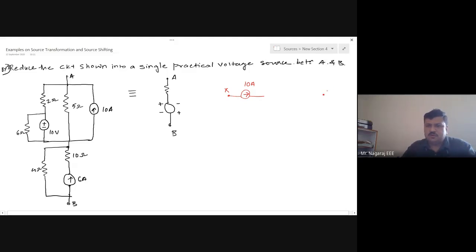I have one more terminal Y, and these terminals X and Y form a particular branch in a circuit.